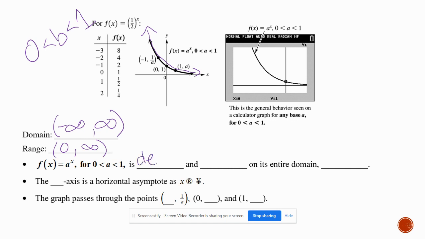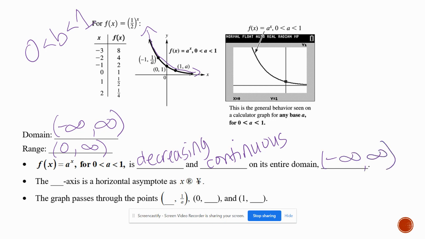This is a decreasing function, decay function, and is still continuous because I don't have to pick up my pencil to be able to graph it from left to right over our entire domain. The x-axis is still our asymptote, still y is equal to 0.